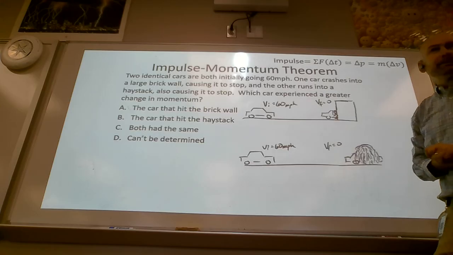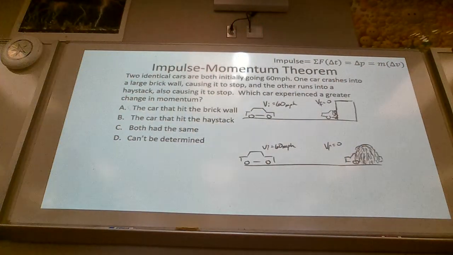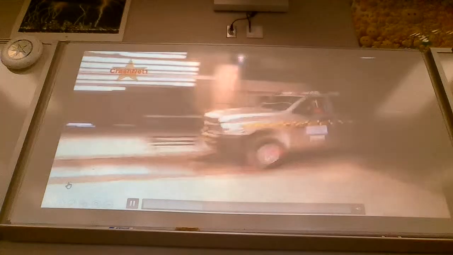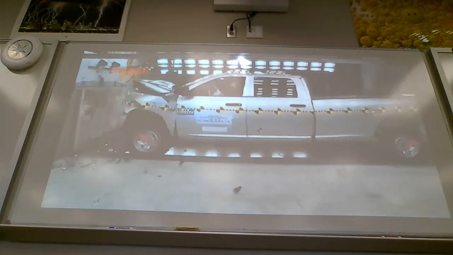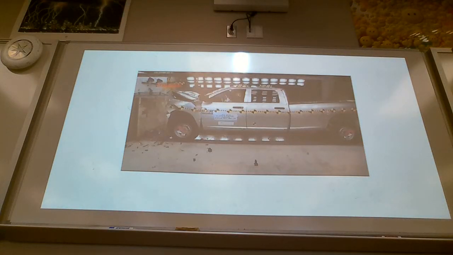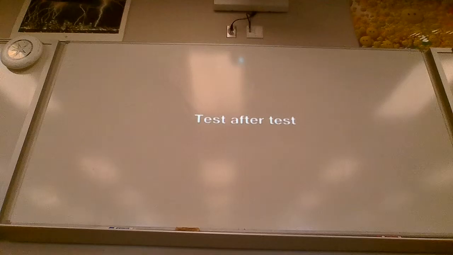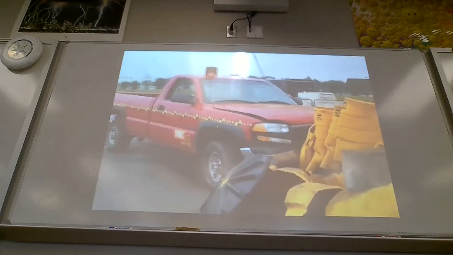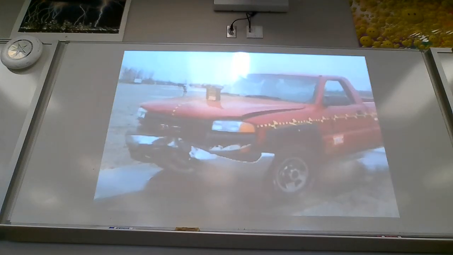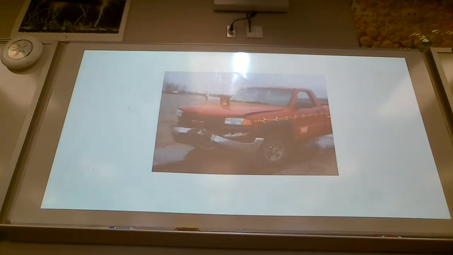Good with that? Yeah. So, here is brick wall experience. Okay. Here is haystack. So you know those big barrels in front of the middle column in an interstate, the overpass?